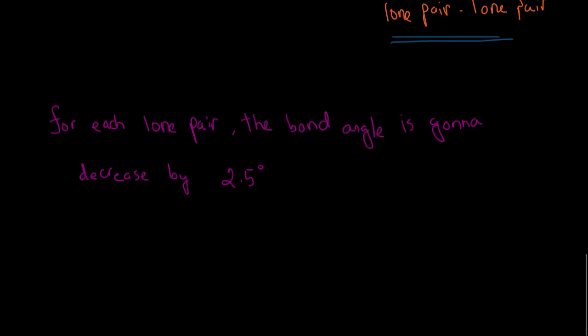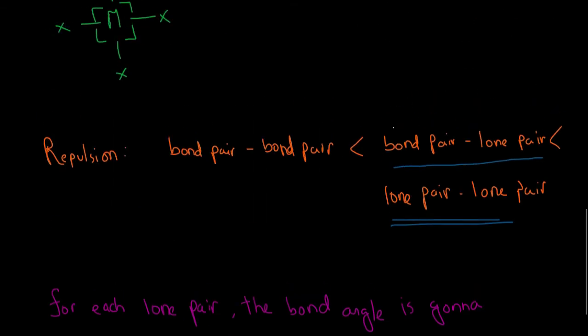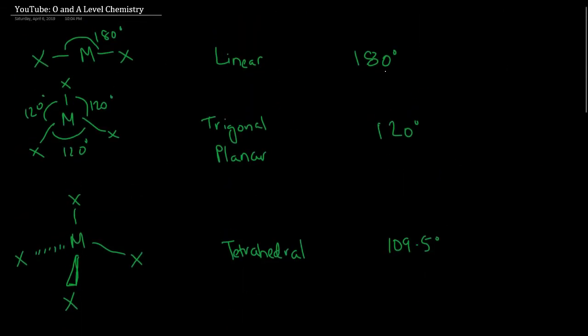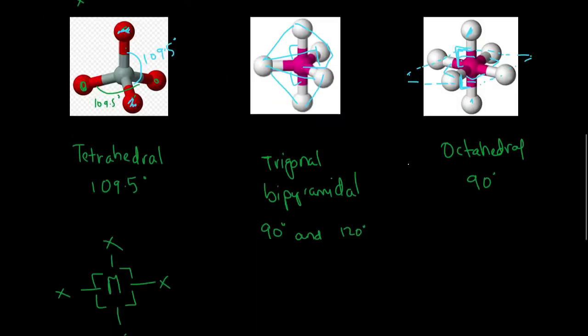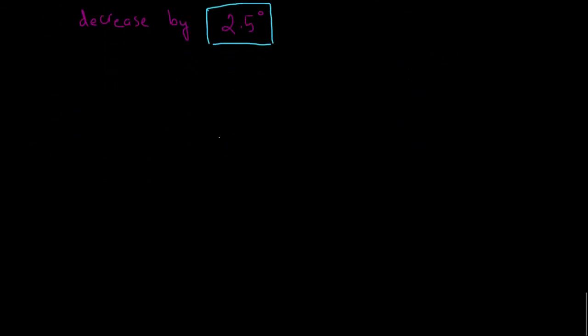This is very crucial at this point. You should remember this. So whenever you have a lone pair, the bond angle is going to go down by 2.5 degrees. These are the original bond angles, so if I have lone pairs, I'm going to deduct 2.5 degrees from each of them. We're going to look at an example now.